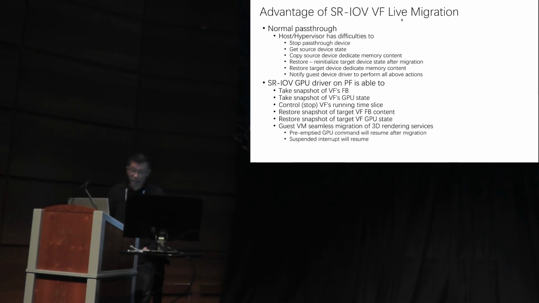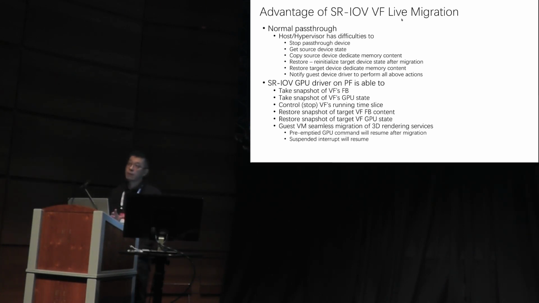But with SR-IOV, the PF side is able to access everything. You can take a snapshot of the frame buffer, take a snapshot of the GPU state for the VF, and stop or start a VF running. I can also restore the snapshot of the target frame buffer content, or restore the target VF GPU's contents. And the guest simply migrates the 3D rendering.